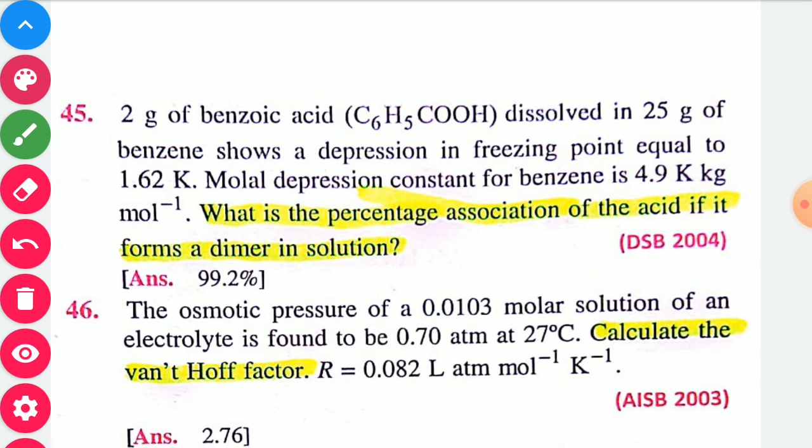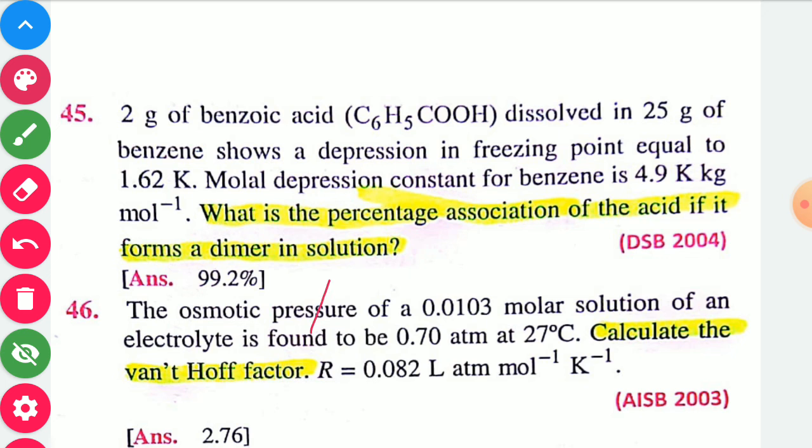Molar depression constant for benzene is 4.9 Kelvin kg per mole. What is the percentage association of the acid if it forms a dimer in solution? So here you have to find the percentage association.